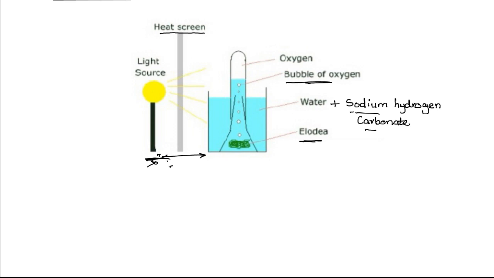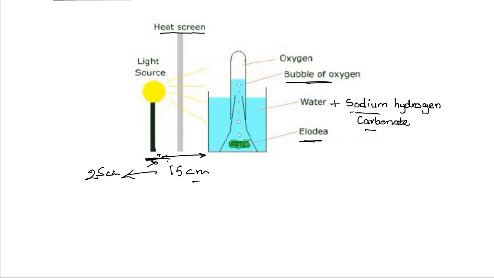So we can vary the concentration of the CO2 and then measure the rate by counting the number of oxygen bubbles being produced. We can also investigate the effect of temperature by placing this setup in different temperatures and counting the number of oxygen gas bubbles being produced at a given temperature.